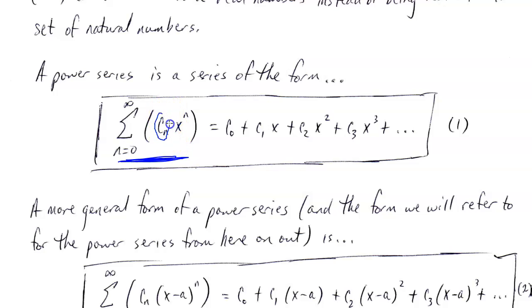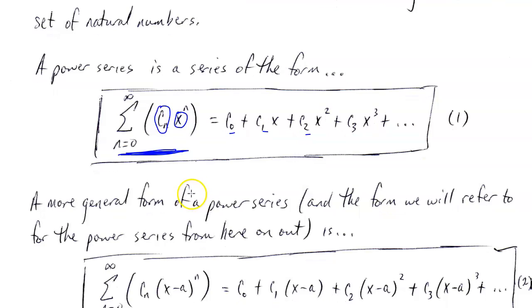And these c sub n's here are just going to be the coefficients for basically the polynomial that this turns out to be. And of course, this x in this case will be allowed to be, for all simplistic purposes here, any real number. Okay. And we'll narrow down on that as we get deeper into this topic.